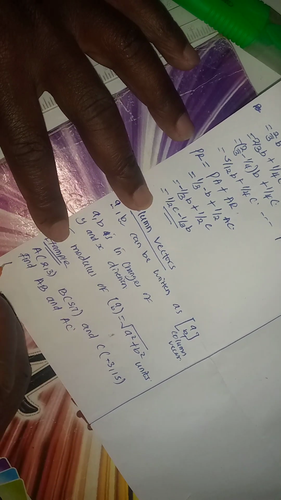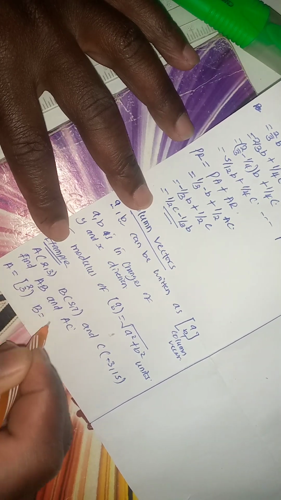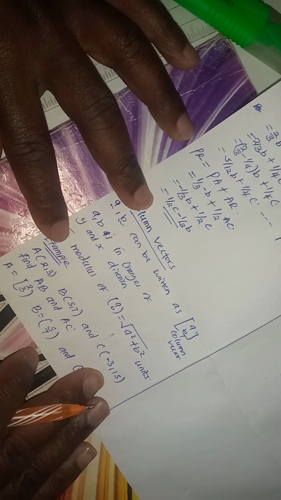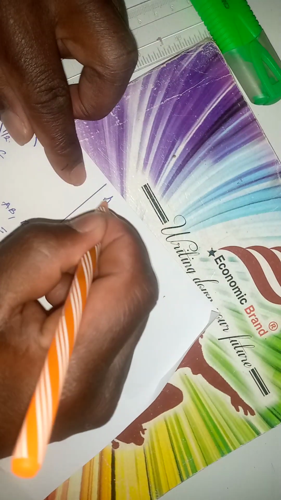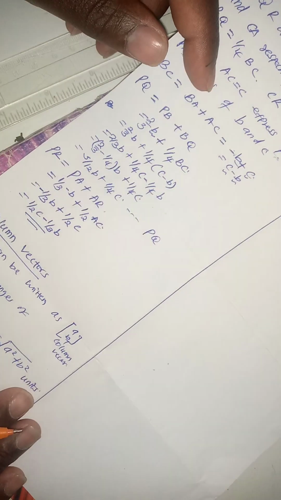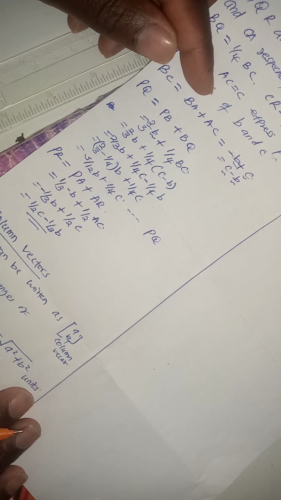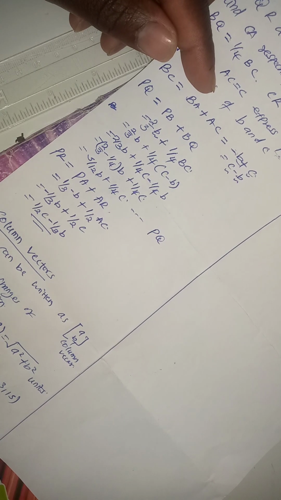First we write A in column vector as (2, 3), B as (5, 7), and C as (-3, 15). AB means we subtract A from B.